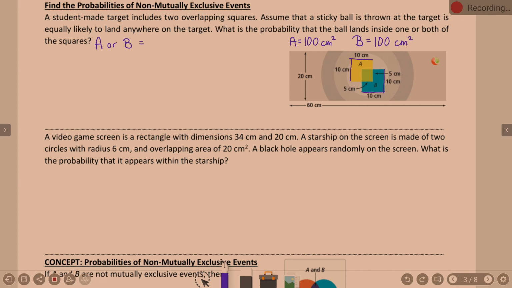Well, A is 100 square centimeters. B is 100 square centimeters. What's the catch? There's an overlap, yes? Do we get to count that overlap fully? No. Okay, so the idea here, we're just looking at the total that they would have. We don't have the option to land in both of these corners here. So we need to subtract out that overlap. What is this overlap here?